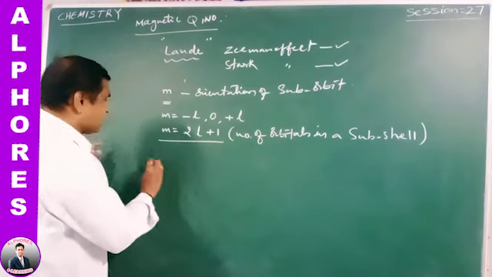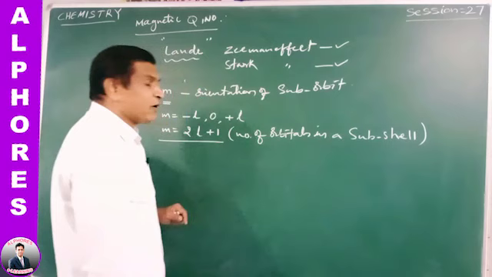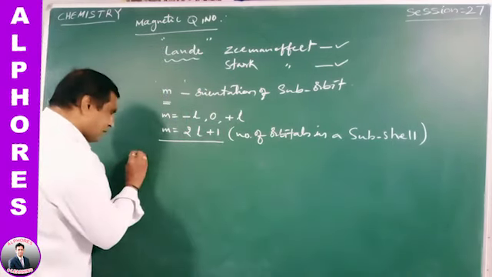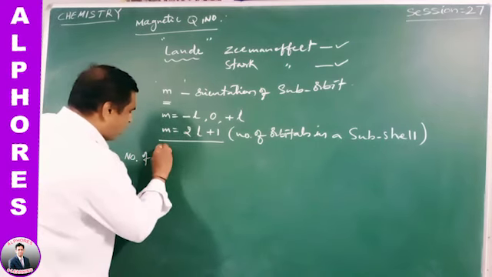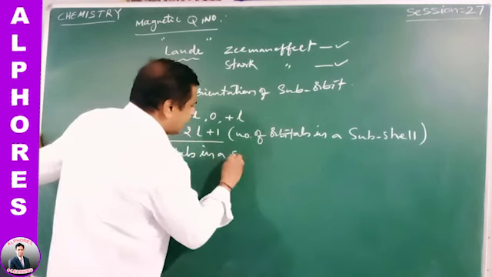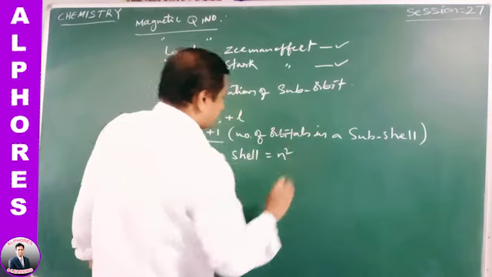Next, this is the number of orbitals in a subshell. Now, the number of orbitals in a shell is equal to n square.